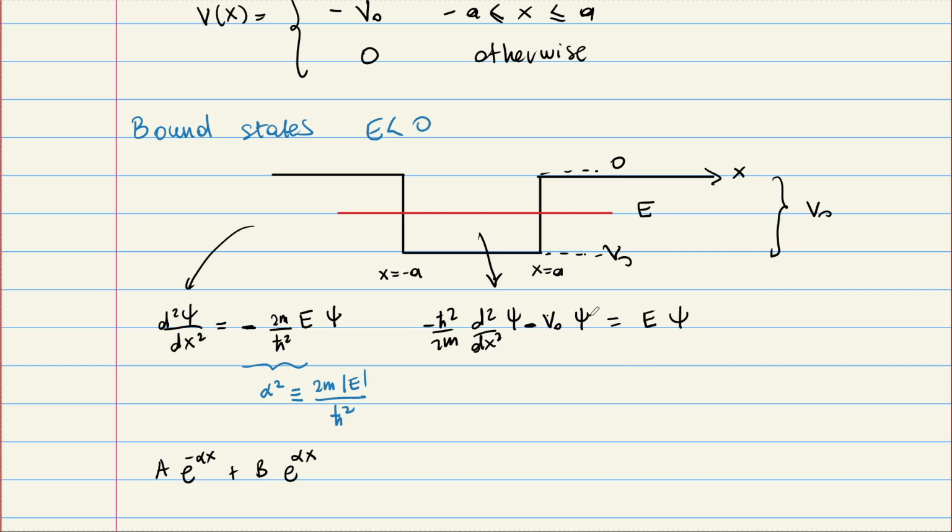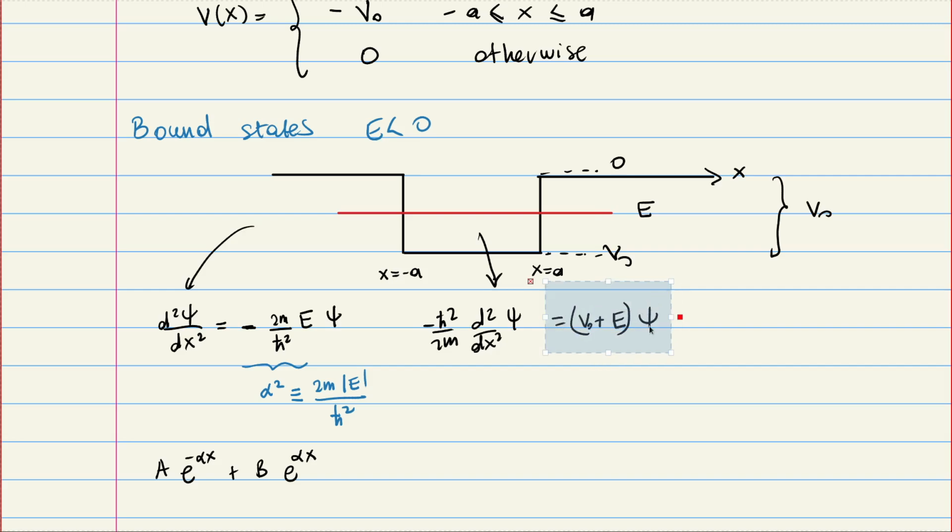So I will carry this V naught to here. So this is V naught plus E. And I can erase this. And you can see absolute value of V naught is bigger than absolute value of E. That means this V naught plus E is a positive quantity.